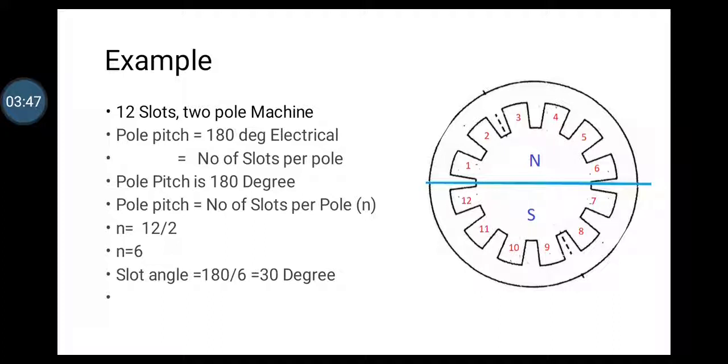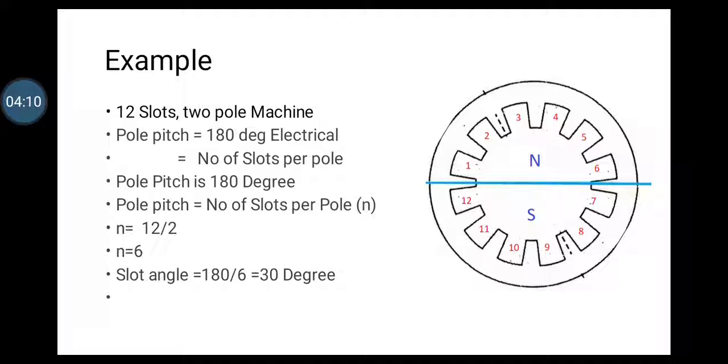Let us assume a 12 slot, 2 pole alternator. Here the pole pitch is equal to 180-degree electrical, irrespective of anything. To find the number of slots per pole, I have considered 2 poles, north and south.